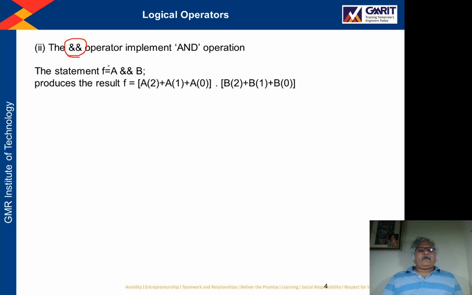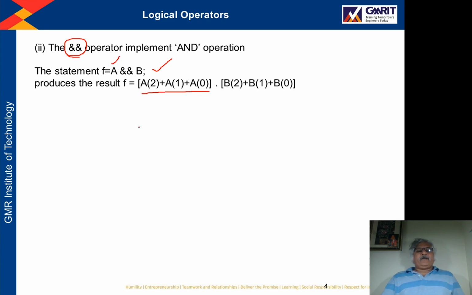Let us assume this statement F is equal to A double ampersand B. So what will it do? A2 or A1 or A0. It will perform the OR operation over the first operand A.